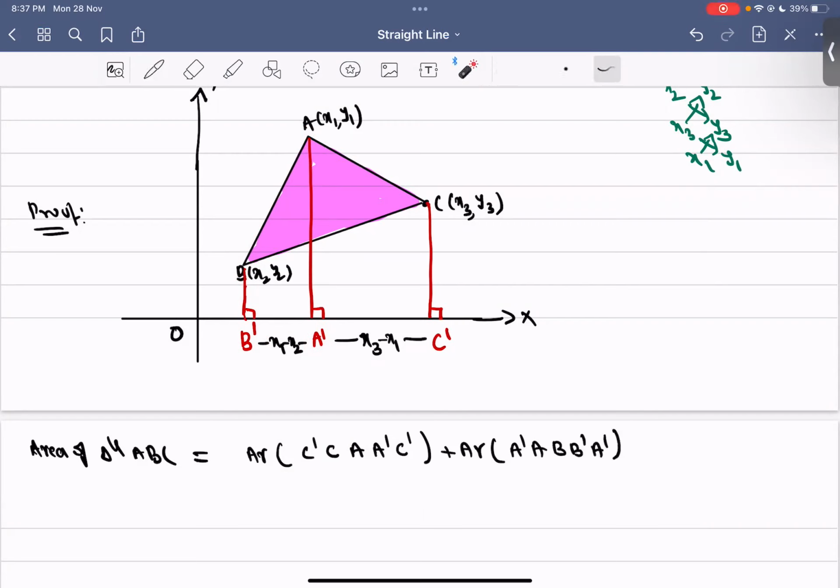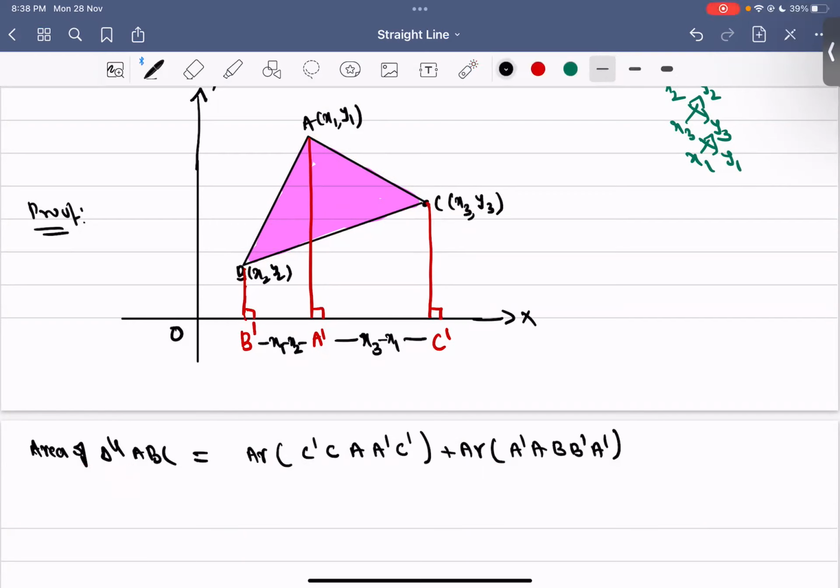So this area plus this area is the summation, the total area. But our requirement is this one. So we need to remove this part from the total area, then you will get the required area of the triangle.